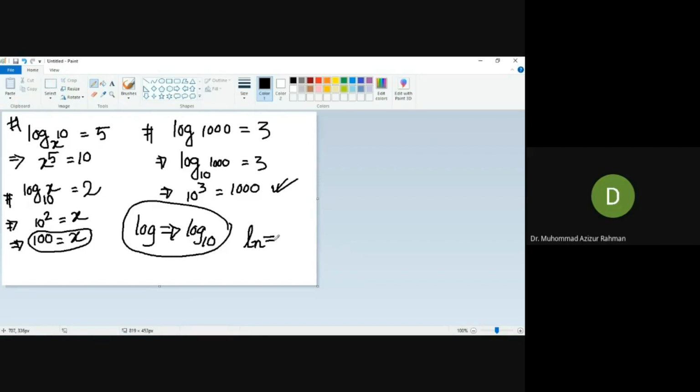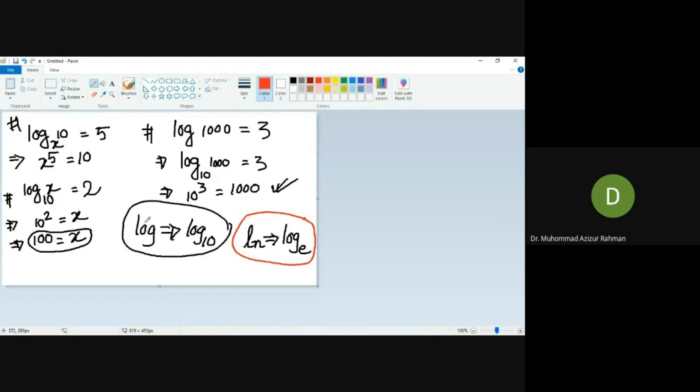In your calculator also, you can see there are two functions, one is log, another one is ln. When there is ln, you assume log base e, and when there is log, you assume base 10. Otherwise, your calculation will not be correct.